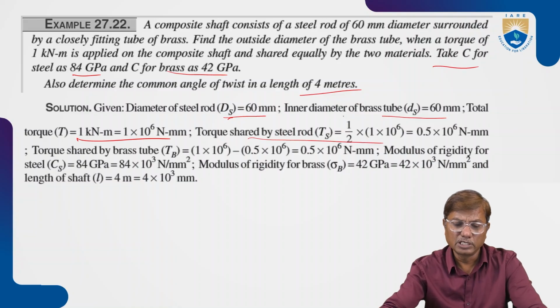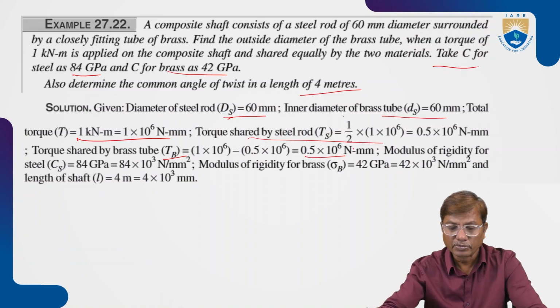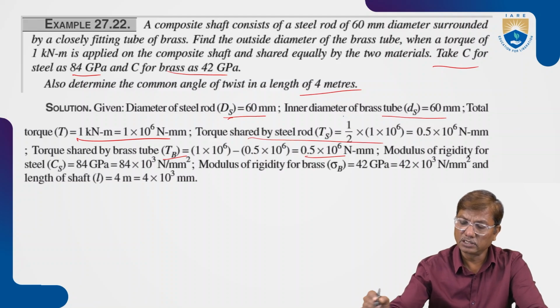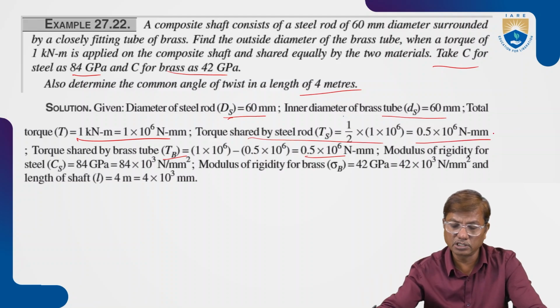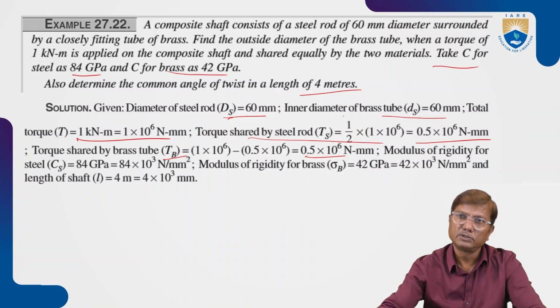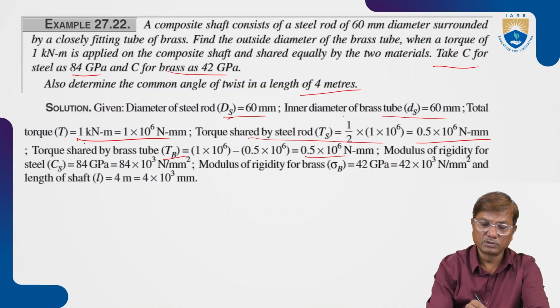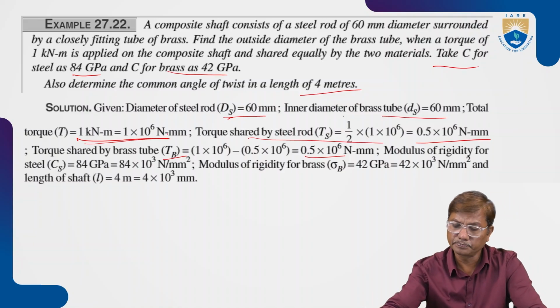They share the torque equally. That means the torque shared by brass tube is 0.5 into 10 power 6 Newton millimeters, and also that shared by steel rod is 0.5 into 10 power 6, half of 1 into 10 power 6.